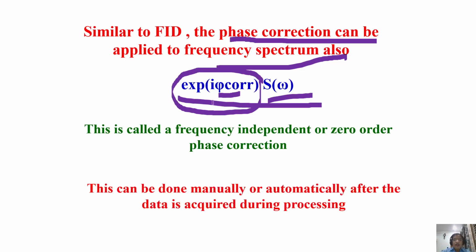You can do this manually. You can sit at the spectrometer and vary the angle between the real and imaginary parts such that you correct the phase and make it perfect. Of course, in present day spectrometers, you don't have to do much. Human intervention can be minimized quite a bit. You can do it automatically also.